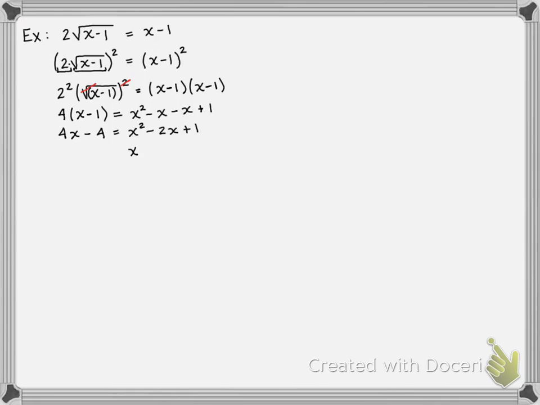So I have x squared, I'll subtract 4x from both sides, which gives me negative 6x, and then I'll add 4 to both sides, which gives me a positive 5 over here. And because I know you guys like it better, I will put my 0 over here.